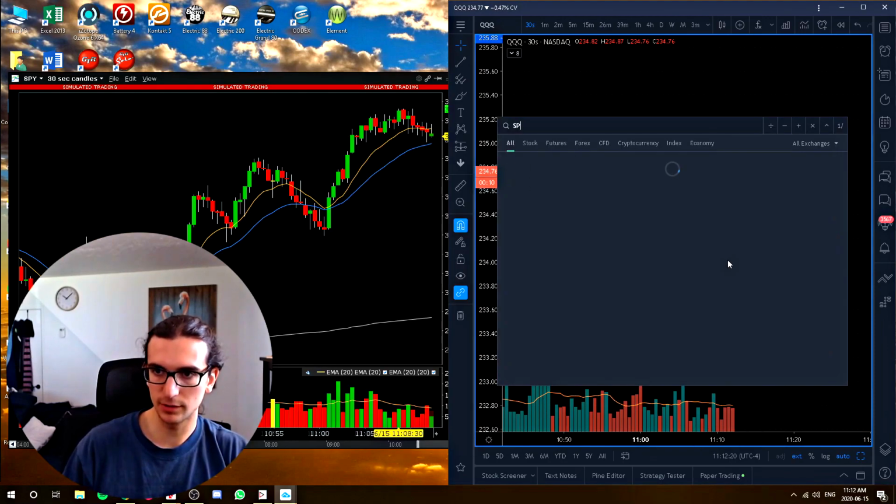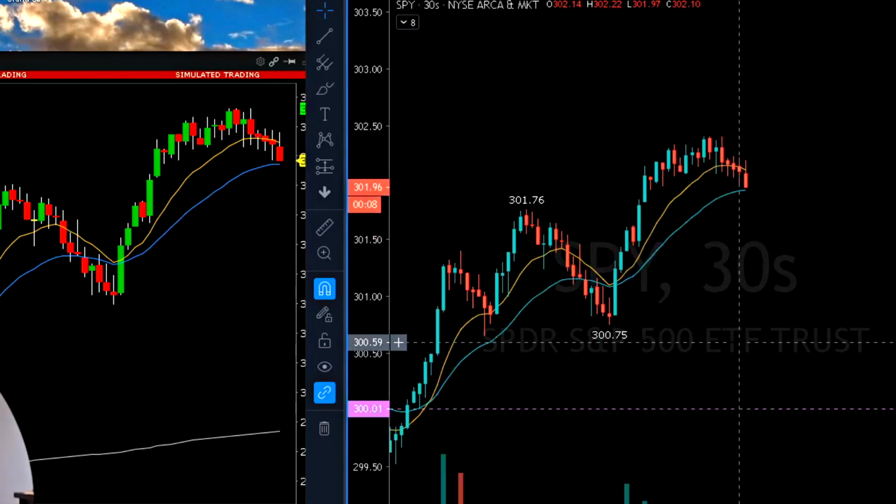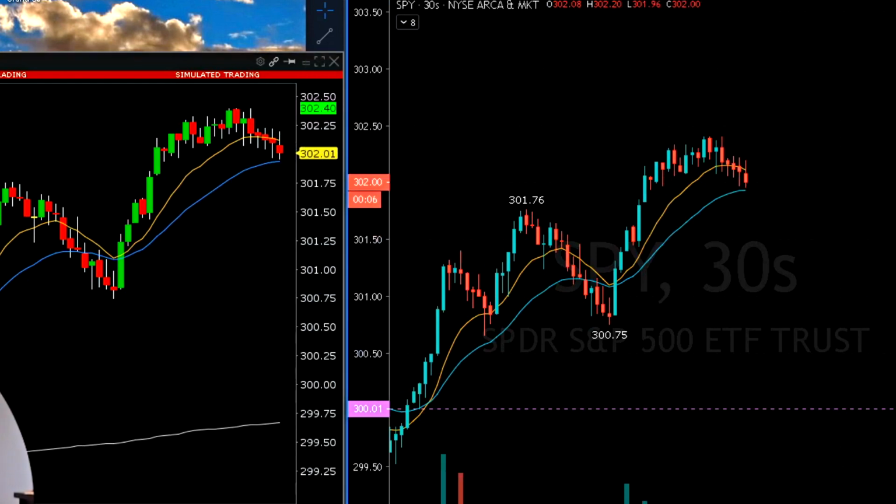So let's compare SPY real quick. And again, these are all live data feeds coming from TradingView and coming from Interactive Brokers.